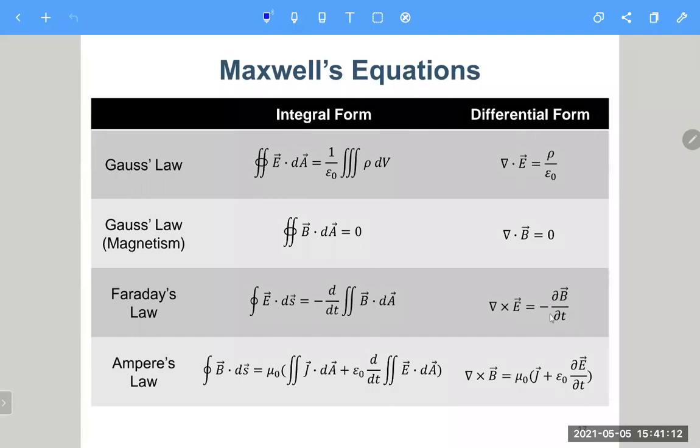The differential form can help you do that by making use of numerical methods. You can just solve the E field and B field in the whole space. You don't need to find some Gaussian surface or Amperean loop to calculate a double or line integral.